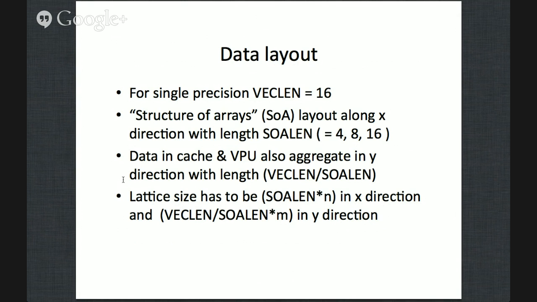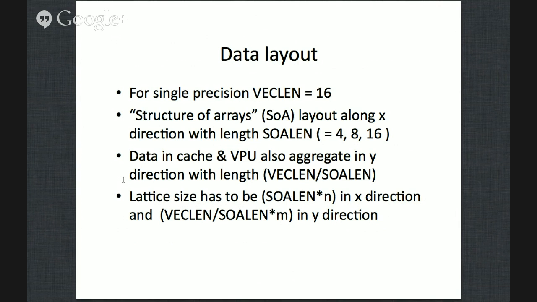And also, when we transfer the data to cache or to the vector processing unit, besides the SOA length of structure of arrays, we also aggregate the data along the y direction with length of vec length divided by SOA length.